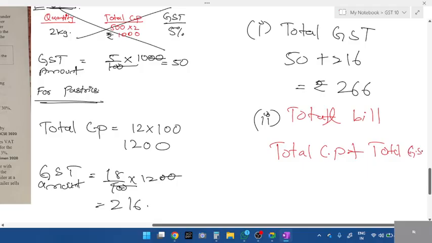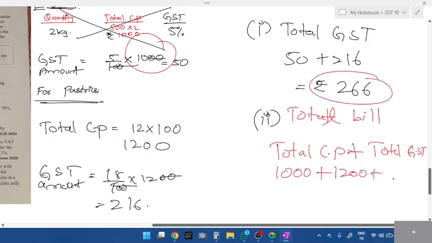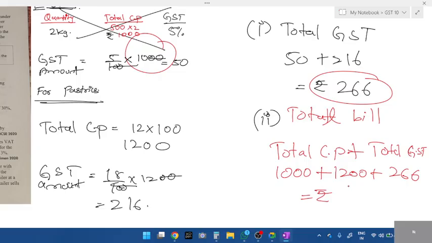Okay, what are the two things I have to add for total cost price? Overall cost price 1000 plus what is total GST? Correct. Add all this, you'll get total cost price. Write this entire statement, total bill with GST. Mention total bill with GST.